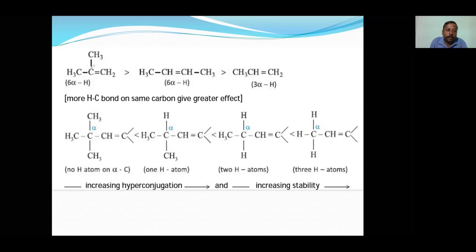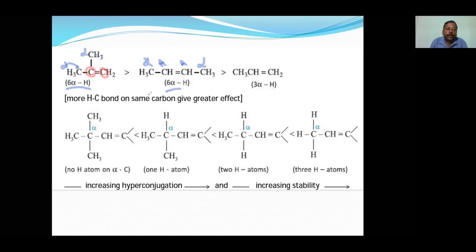First point out the active carbons, these are the active carbons. Then point out the carbon atom which is directly attached. This is active, there is no carbon. So this is the alpha carbon, and 3 alpha hydrogens on this, 3 alpha hydrogens on this. Therefore, 6 alpha hydrogens. Both are having 6 alpha hydrogens.